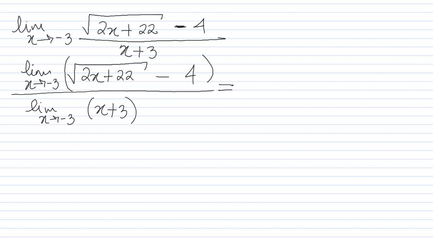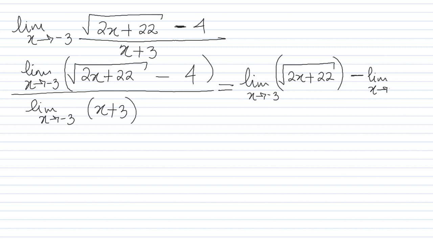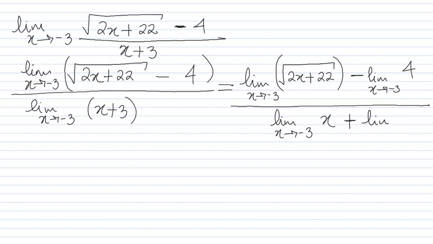apply and expand. So we have the limit as x goes to -3 of the first information, which is the square root of 2x plus 22, so that's the first limit, minus the limit as x goes to -3 of 4, divided by the limit as x goes to -3 of x plus the limit as x goes to -3 of 3.